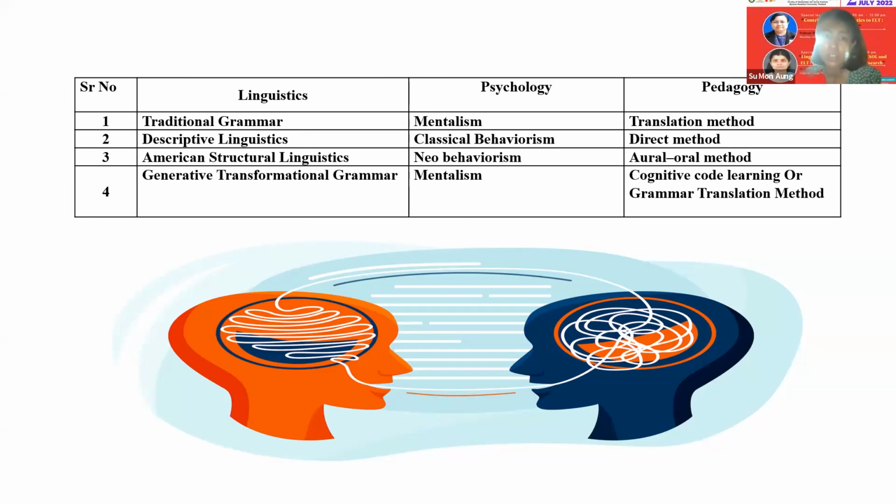Teachers usually focus on grammar. So it is a passive method. Students are in a passive role. They have to listen, and they have to write the grammatical rules or structures.